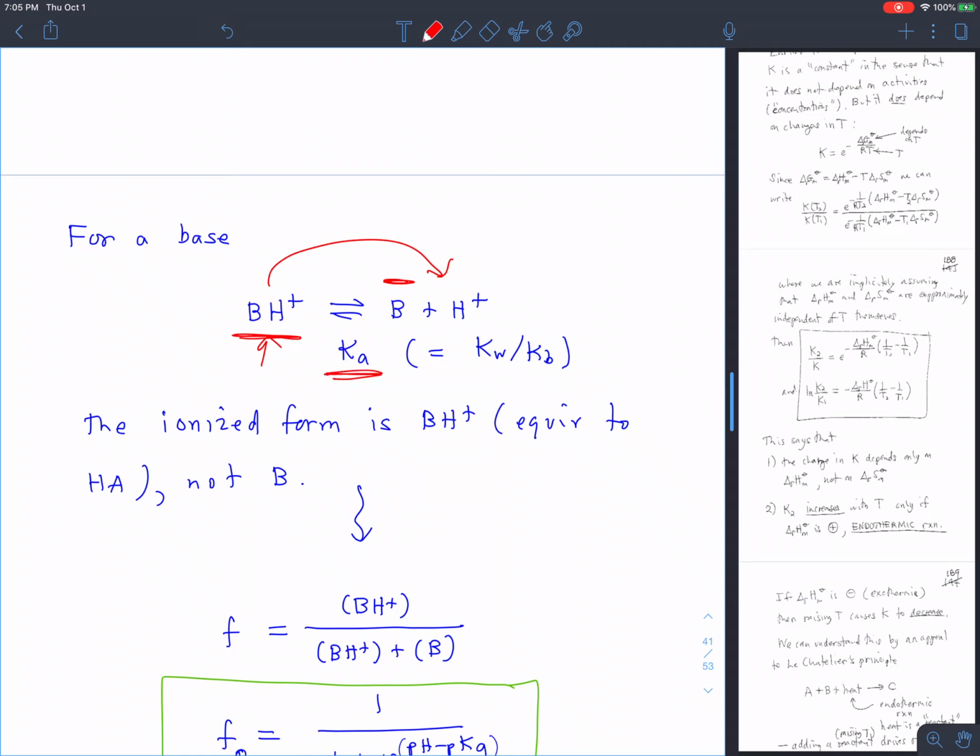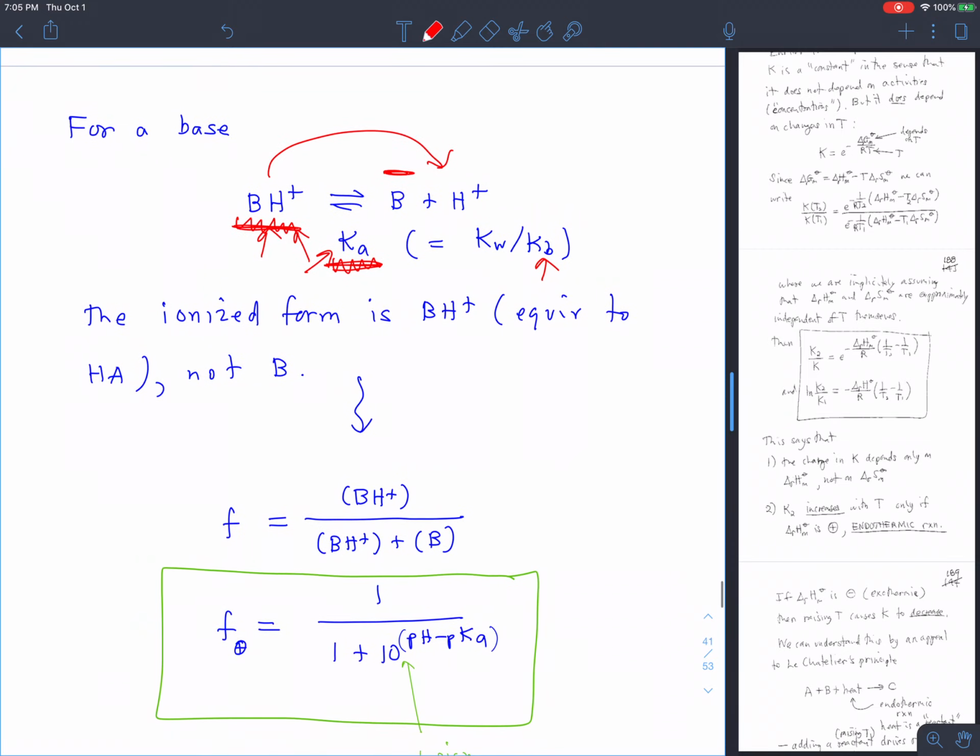So when you're describing the properties of a base, it's very frequent to use a Ka value for the conjugate acid rather than use a Kb value for the base itself. Whether you use a Ka or a Kb is a matter of convenience, but it's very common to use Ka values to describe, for example, lysine on a protein, which is in fact normally thought of as a base rather than an acid.